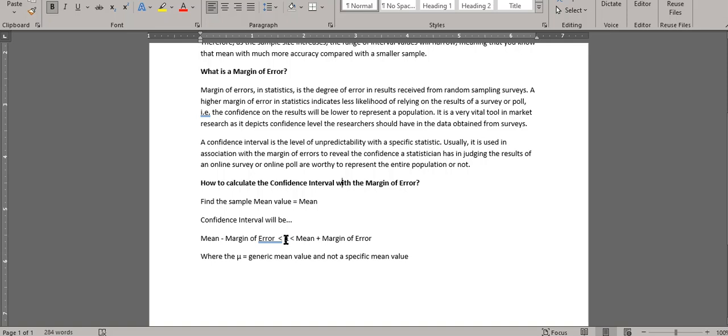And then your confidence interval will be: the generic mean is going to be greater than the calculated mean minus the margin of error, and less than the calculated mean plus the margin of error, where the mean, this is the generic mean, is not a specific value, but it's just the way that we calculate it.